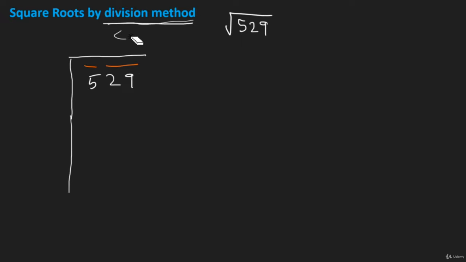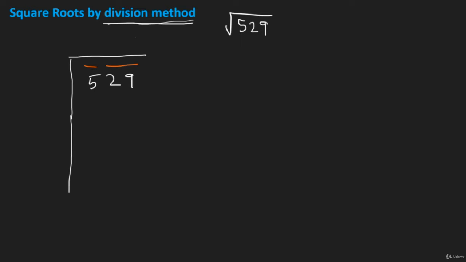Alright. Now once we have done this, we take the first set. Now we have 5 over here, and we find the square number which is as close to 5, or if possible equal to 5, and we take the root of that. Now we know that 2 square is equal to 4, 3 square is equal to 9.